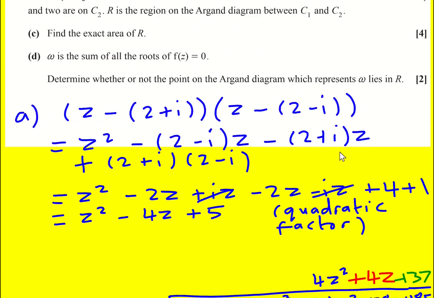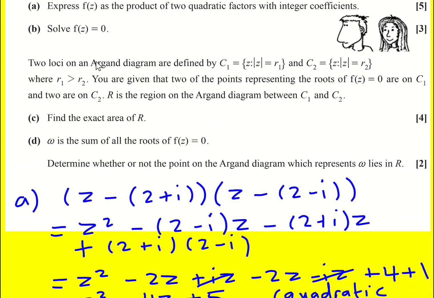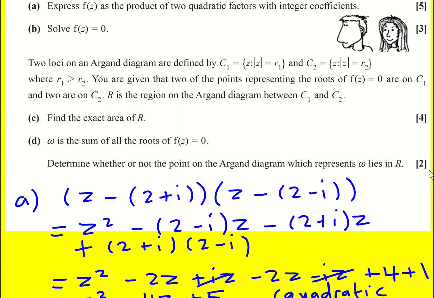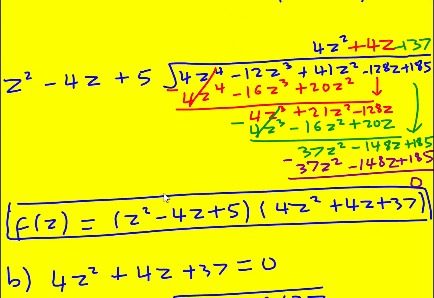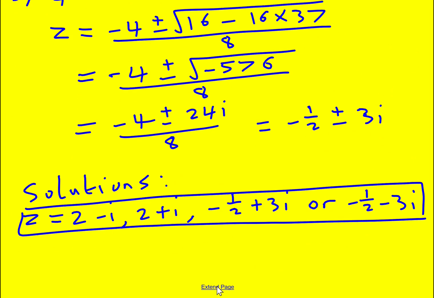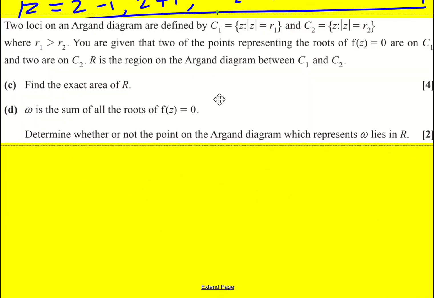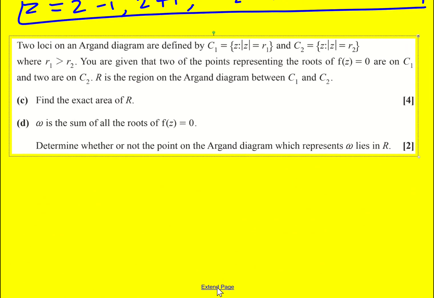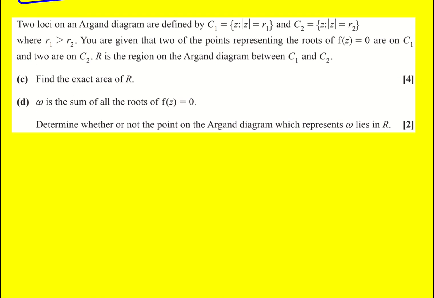Okay, we're not done with this question because we've got the second part now involving loci. Just going to do a little screen grab and bring it down. Two loci on an Argand diagram are defined by these sets. The set of Z such that the modulus of Z equals R1, and similar for R2.